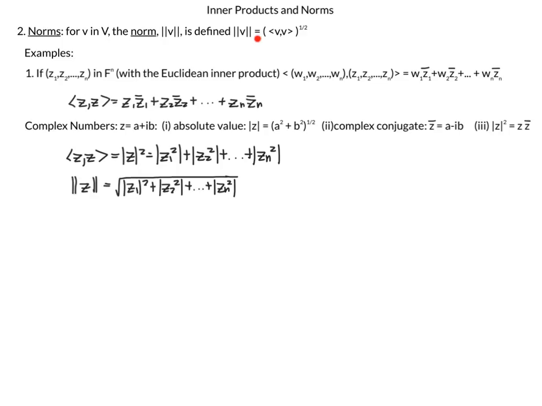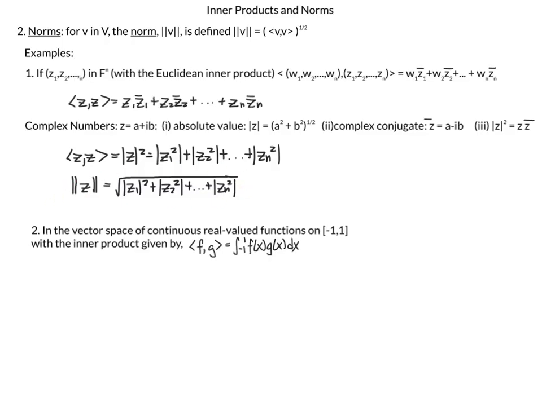Which then, because the norm is the square root of the inner product, we have the norm of z is the square root of the magnitude of z1 squared plus the magnitude of z2 squared up to the magnitude of zn squared. When we're in 2 dimensions or 3 dimensions, this is what we typically think of as the length of a vector.